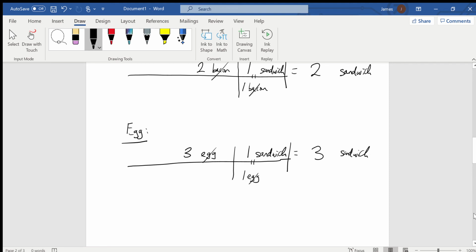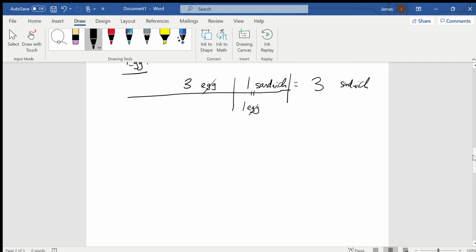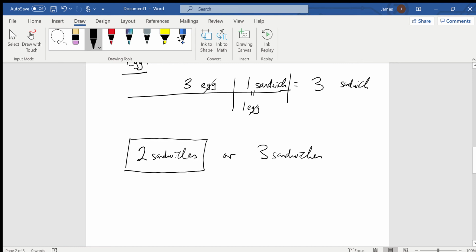So we've got 2 answers, because we had 2 things with an opinion. The options were 2 sandwiches or 3 sandwiches. Two obviously is less than 3. So the lower quantity is always produced.